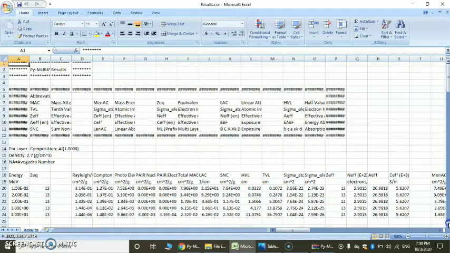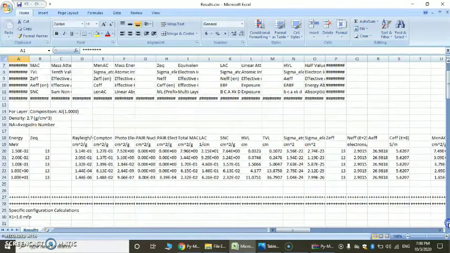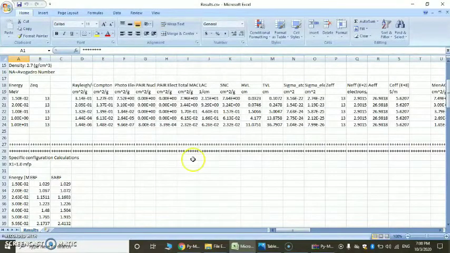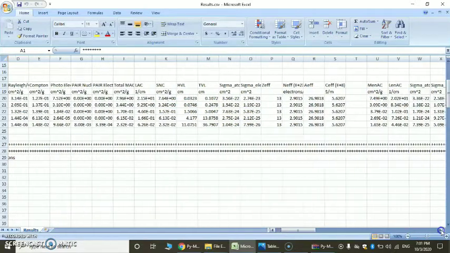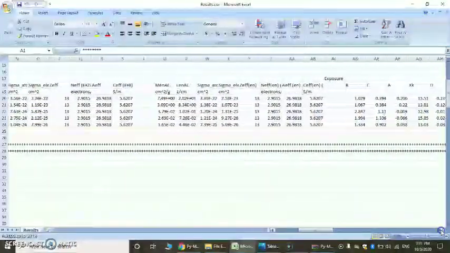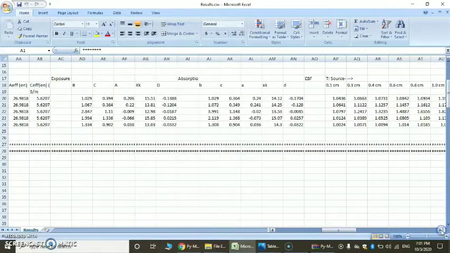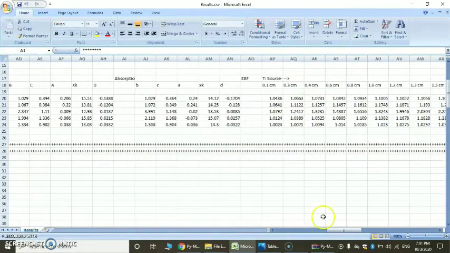These are the attenuation coefficient, then SNC, HVL, other shielding parameters, exposure, absorption, energy buildup factor.